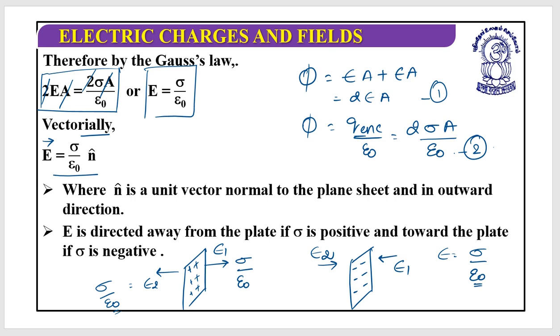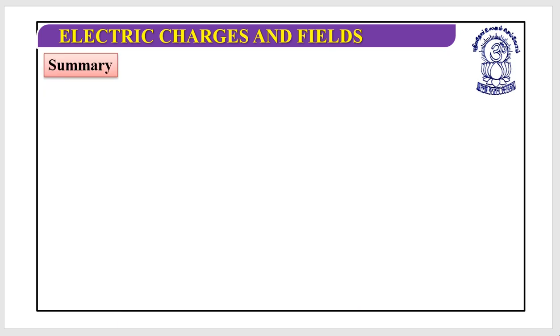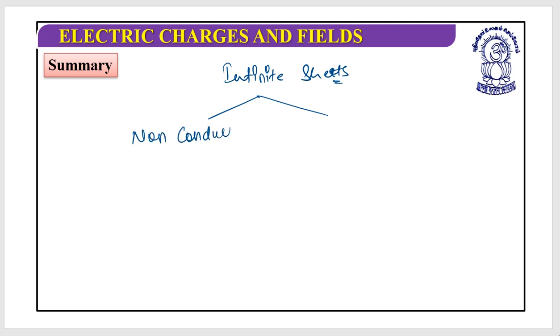Okay, let's summarize these things. You are having two kinds of infinite sheets. One is the non-conducting, another is the conducting.